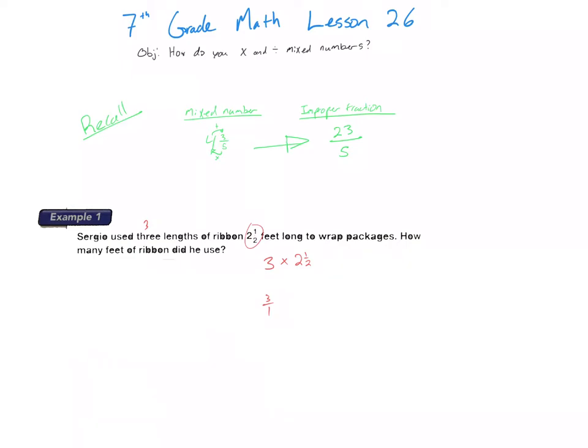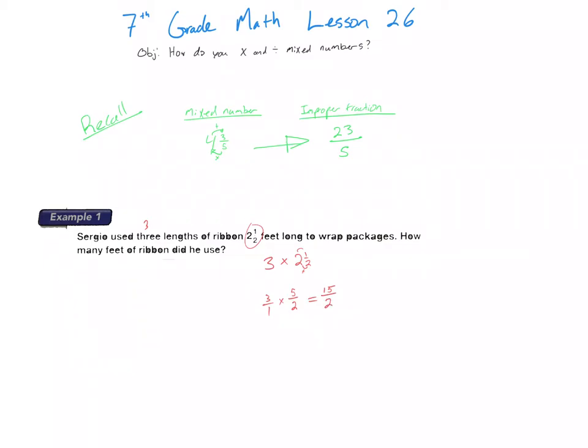And then times this, I'm going to say 2 times 2 plus 1, so it's 4 plus 1 is 5, 5 over 2. Now we can apply the rules of multiplying fractions. So multiply the top, 3 times 5 is 15. Multiply the bottom, 1 times 2 is 2.